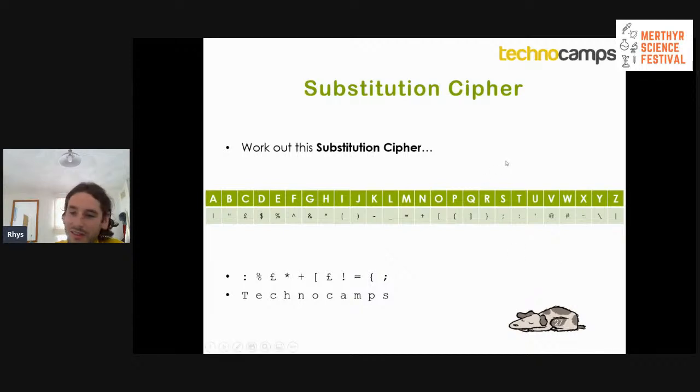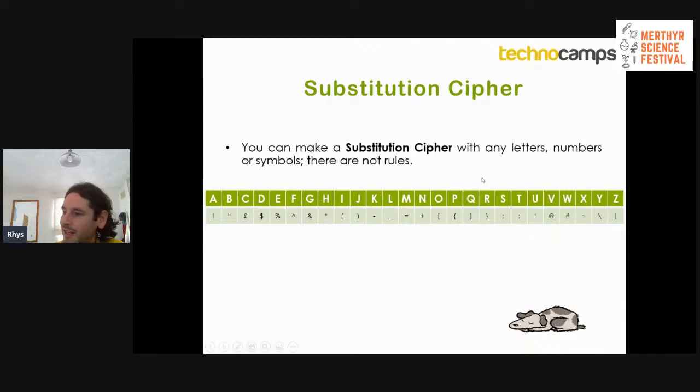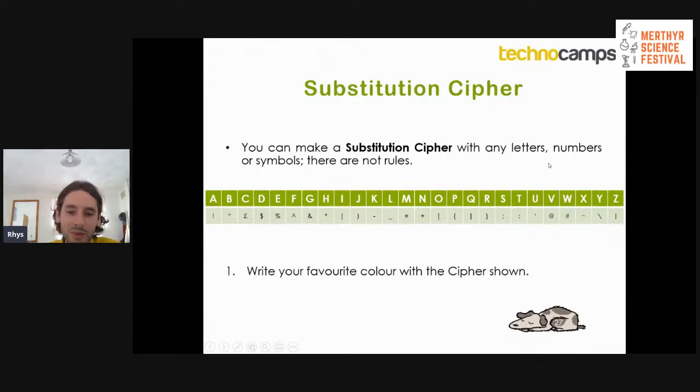So let's try using this then as an example. Can you now write your favorite color with the cipher shown, please?